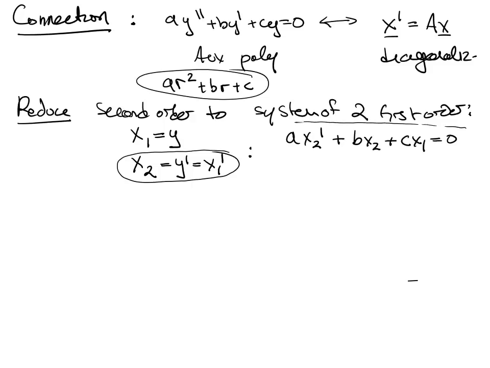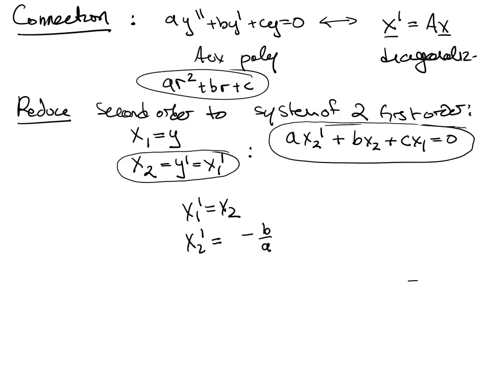Okay, so now I have these two first order differential equations, and I can write them in normal form: x1 prime equals x2 and x2 prime equals minus c over a x1 minus b over a x2, right? That's just the second equation rearranged slightly.